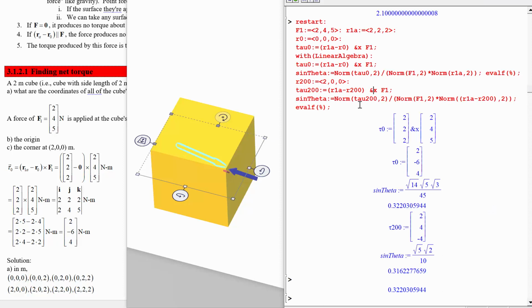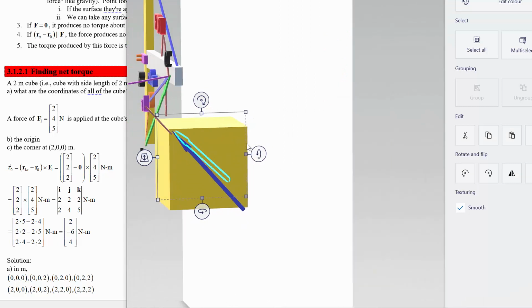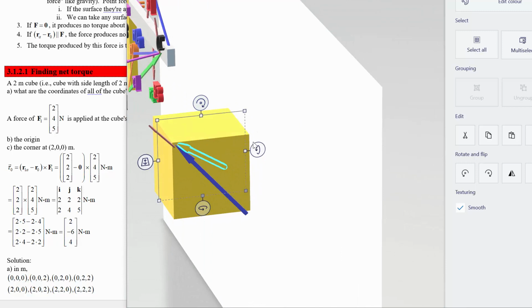If we change it from 200 to 220, then we should get a much larger sine for this angle. Let's check. Yeah, so almost twice as good, because now this top right corner here, the vector from this to there, will give us a much closer angle to 90 degrees when we cross that moment arm with this vector.